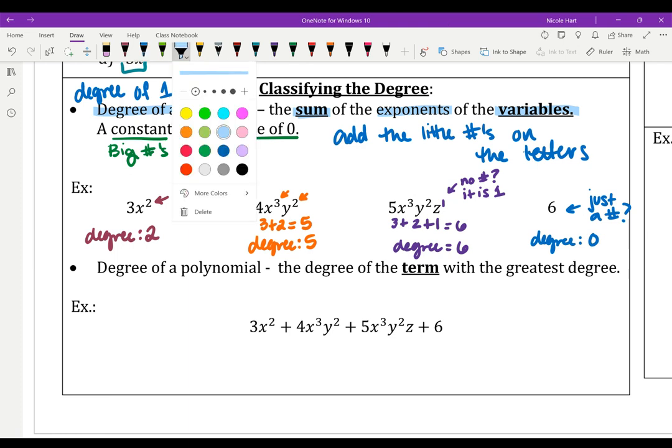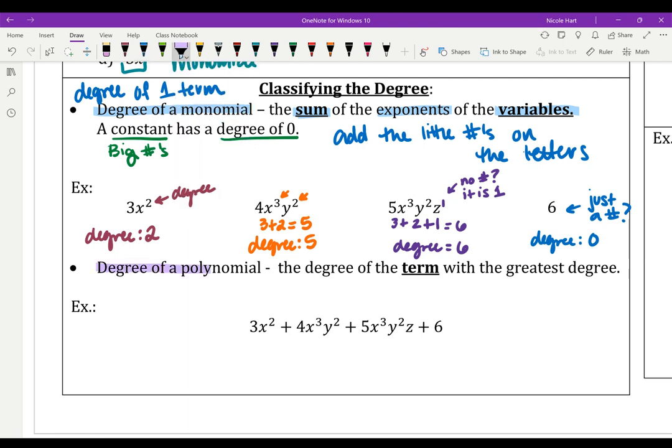Now the degree of a polynomial is what we would call the degree of the entire figure. And that's not all of the degrees added together. It's the degree of the term with the greatest degree. So again, I'm going to write the degrees below each one. We have 3x squared, that has a degree of 2.